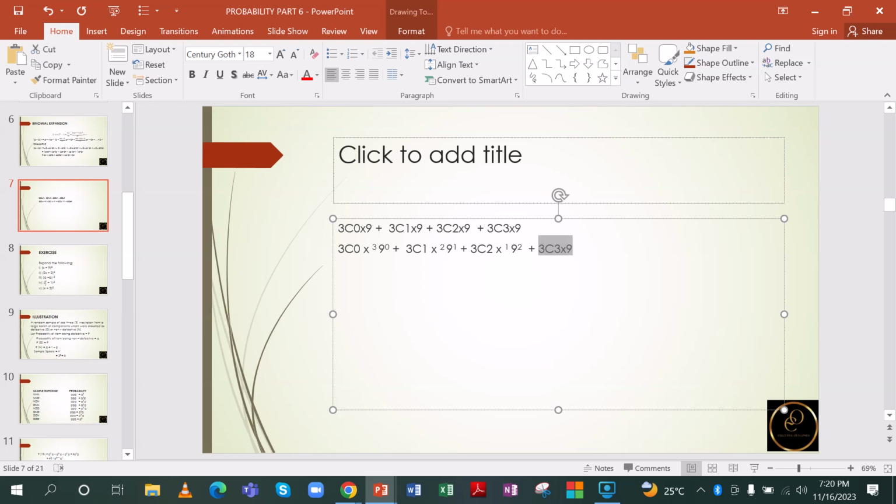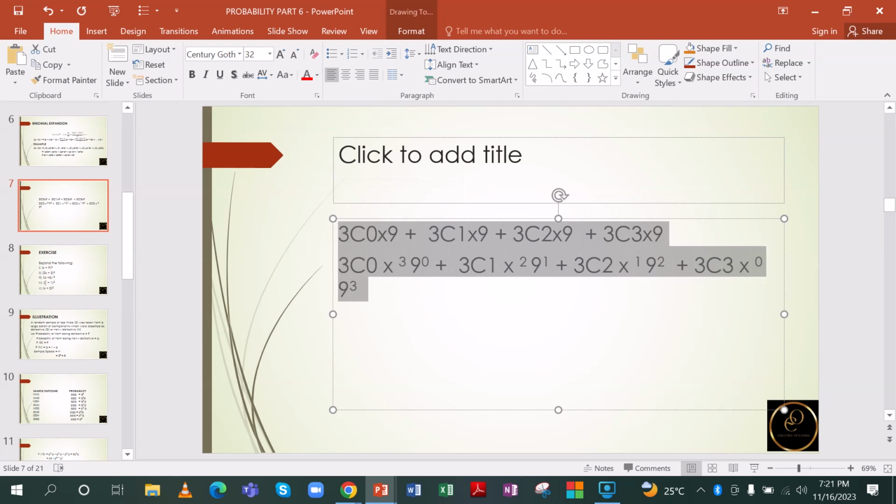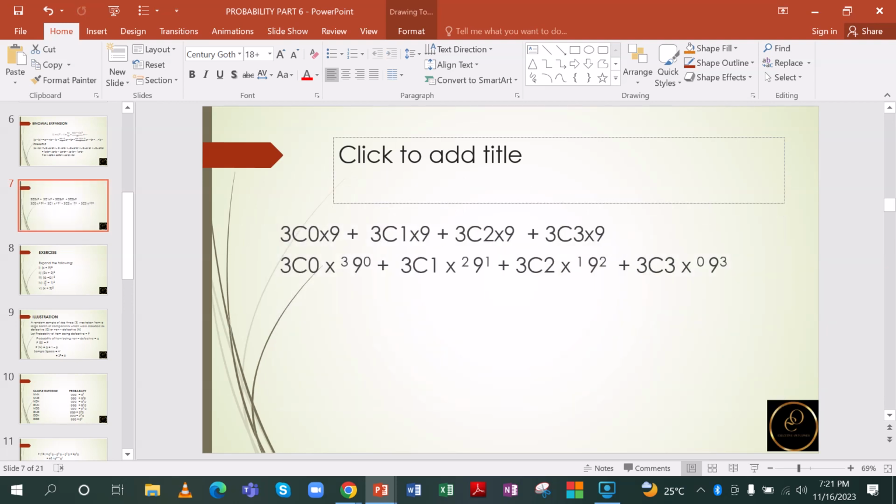Then finally, we have here x will drop by further 1. So it will end up being 0 here. Then 9 will raise by another 1, it will be 3 there. Okay. So what do we have?